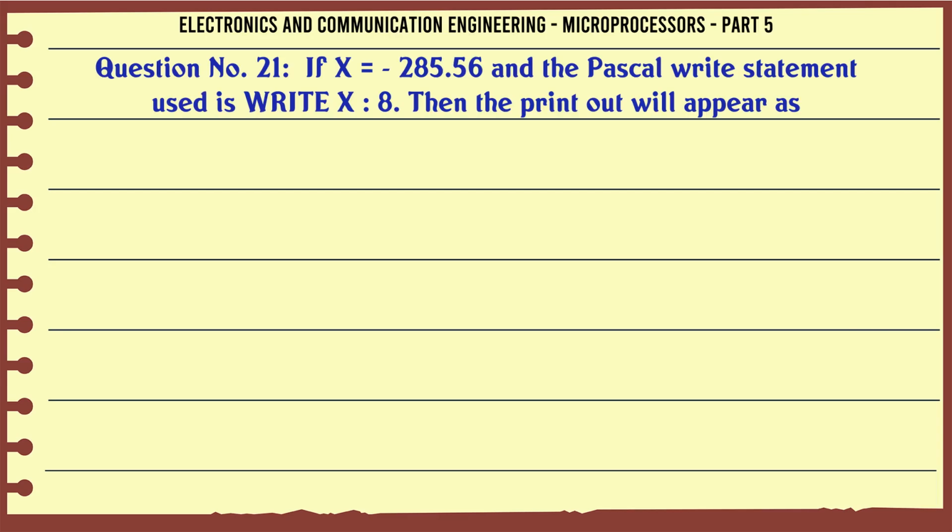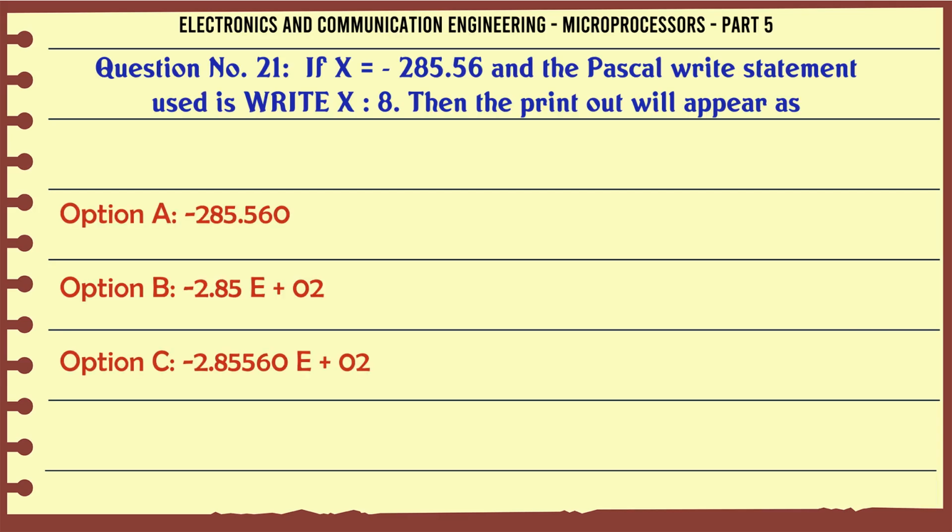If X is 285.56 and the Pascal write statement used is write(X:8), then the printout will appear as A. 285.560, B. 2.85E02, C. 2.85560E02, D. 2.8E02.